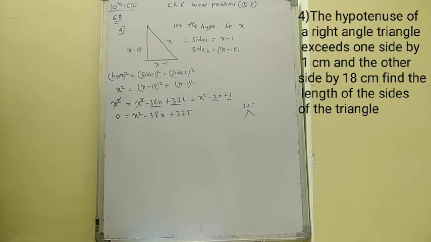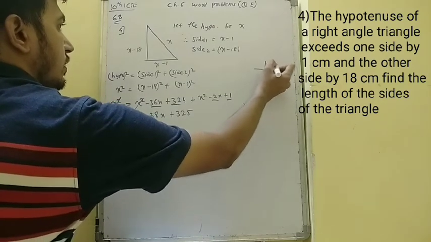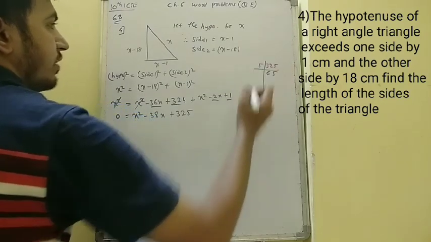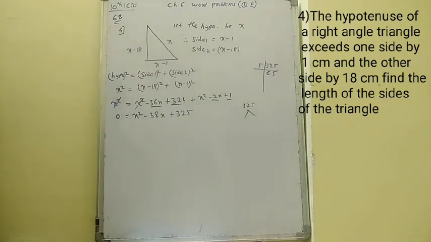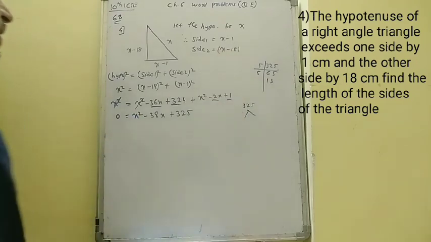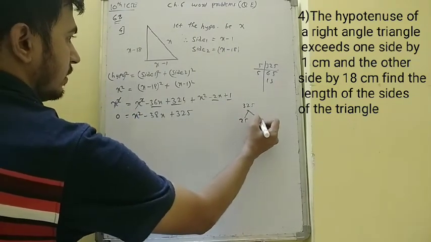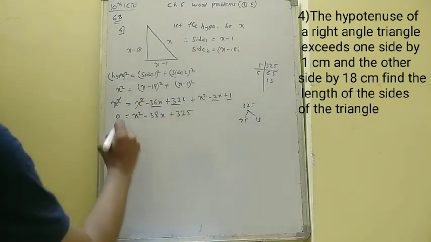How will I get it? Find the factors of 325. 5 sixes are 30, 5 fives are 25, 5 ones are 5, 13 twenty-fives are 325, yes, 25. 13 and 25 in addition, we will get it now.